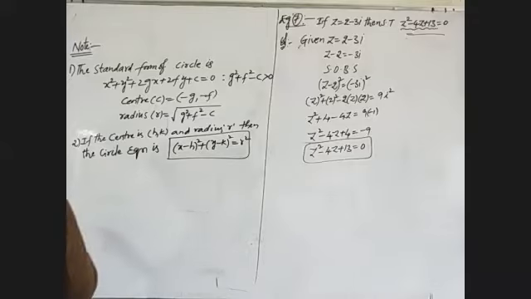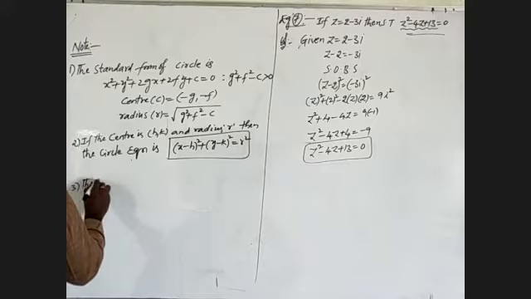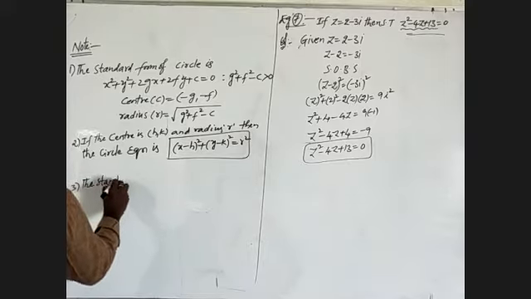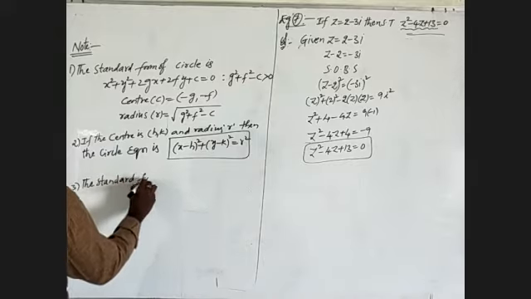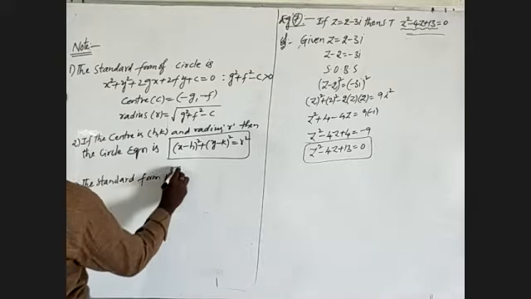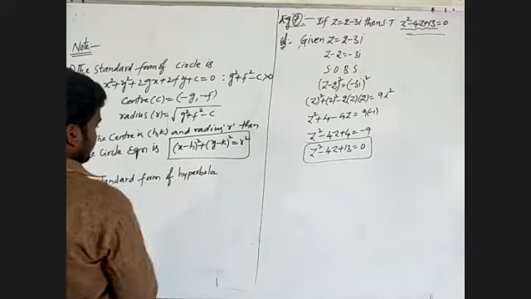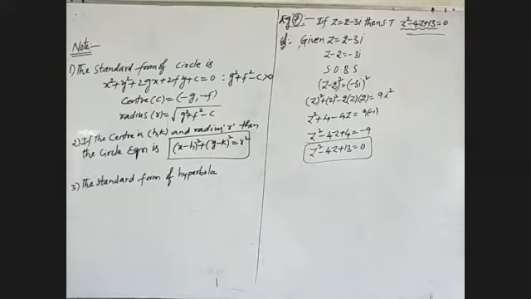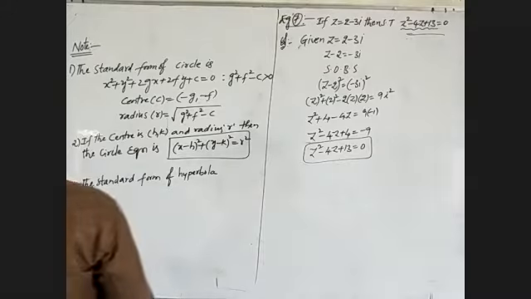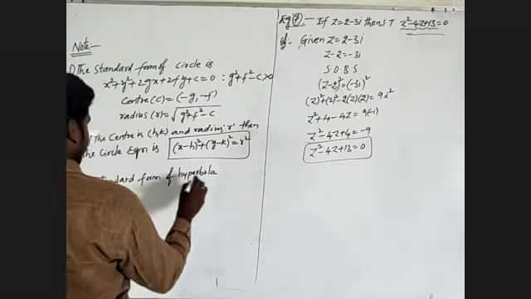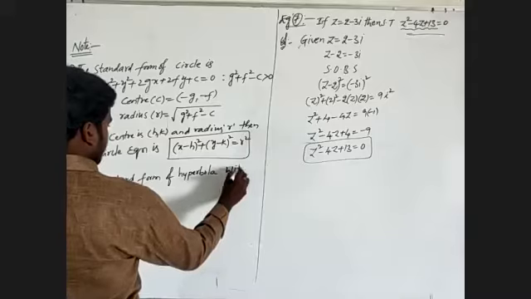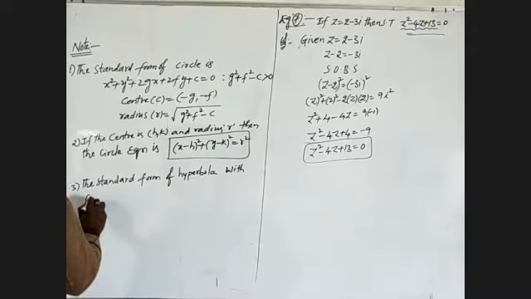After that, the third one is the standard form of hyperbola with center h comma k.